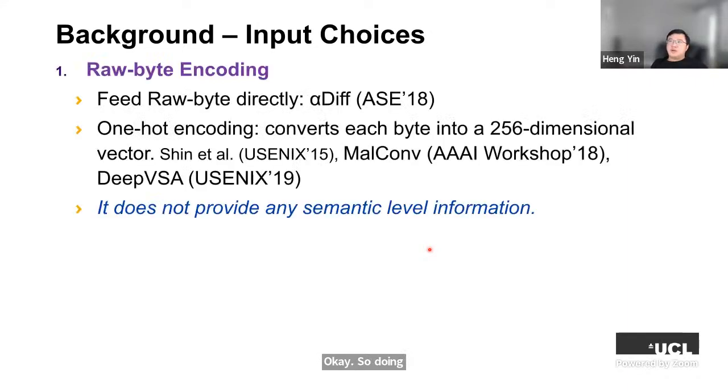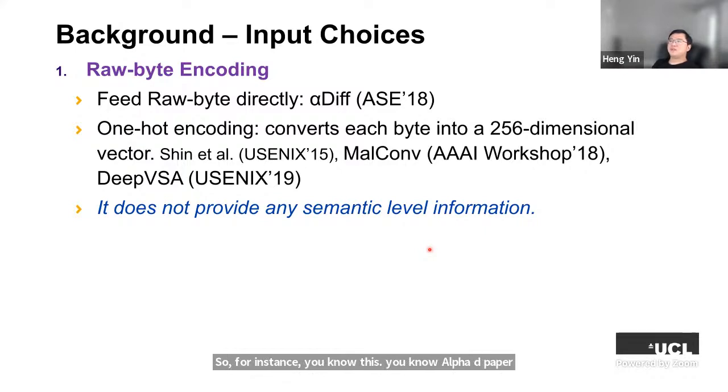Okay, so background. In terms of the input choices, there have been quite a few papers that apply some simple ideas, such as raw byte encoding. For instance, the AlphaDiff paper directly feeds raw bytes into the deep learning network.